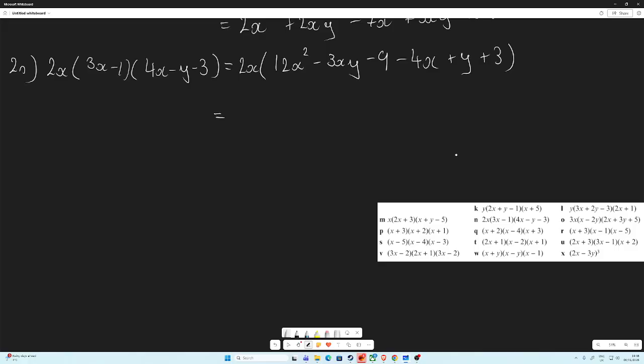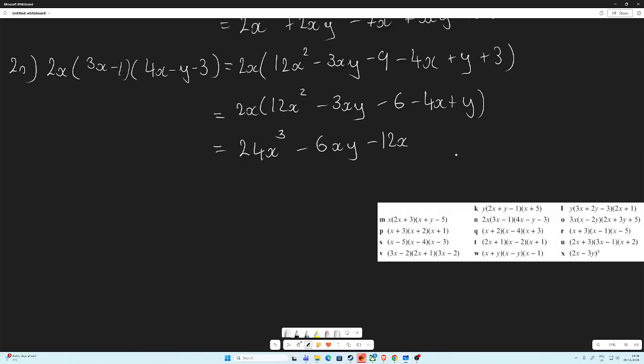Okay, so that's 2x times 12x squared minus 3xy minus 9 plus 3 is minus 6 minus 4x plus y. So that is 24x cubed minus 6xy minus 12x minus 8x squared plus 2xy.